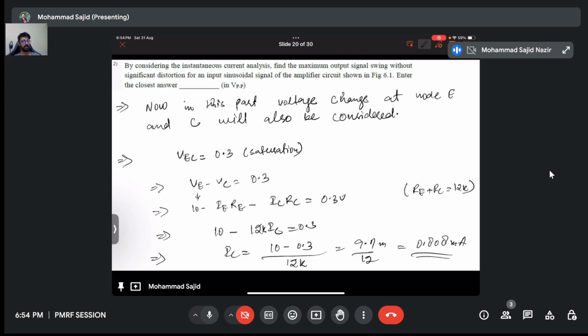So now for this case, for the device to be in saturation, this is the minimum condition.